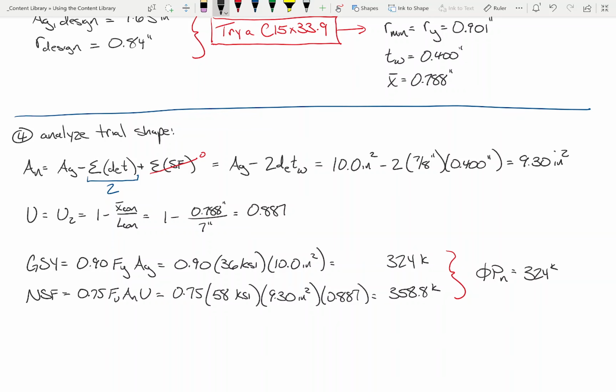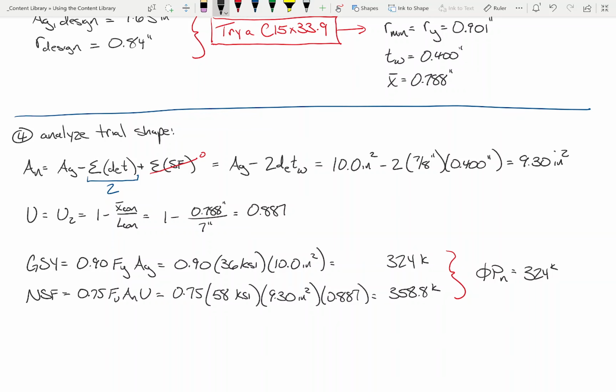So let's do this. What does that mean? What does that mean in terms of the evaluation of a C15 by 33.9 as a potential option for this tension member?